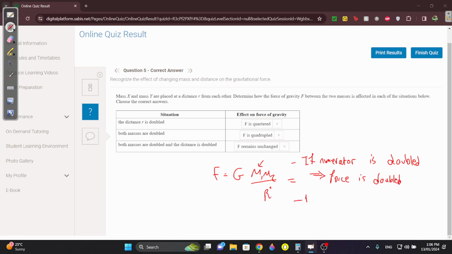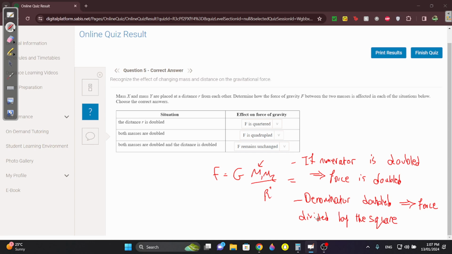If the denominator is doubled, the force won't be halved. No, it won't be halved. The force will be divided by the square.